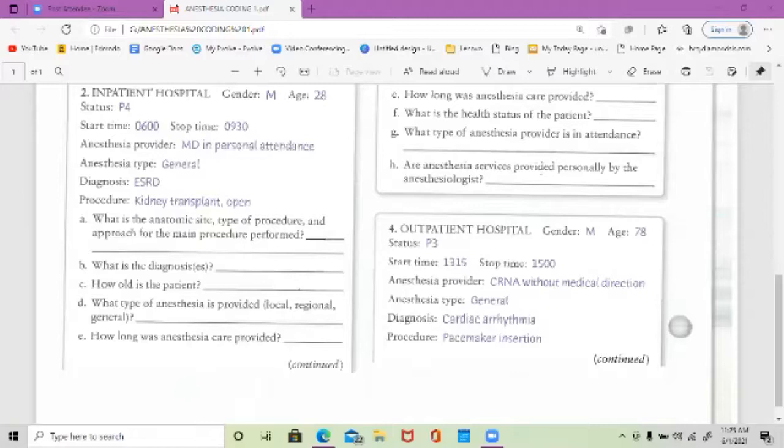This is a kidney transplant, huh? Yep, a kidney transplant. What is the approach? It's a kidney transplant with an open approach.